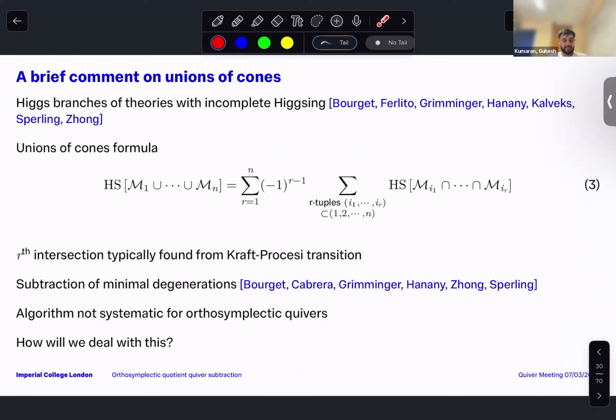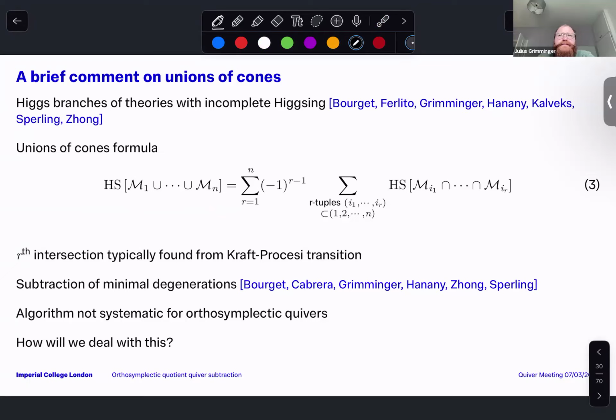And the unions of cones on the Coulomb branch side manifest themselves with these different possible alignments of the quiver. So that's okay. I can still compute Hilbert series. If I have a union of n moduli spaces, then I just take a signed sum of the intersections of these moduli spaces. And the way I find these intersections is through some Kraft-Procesi transition.